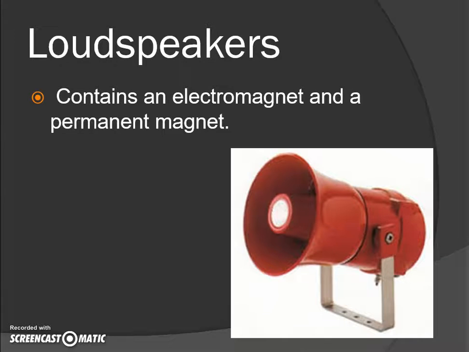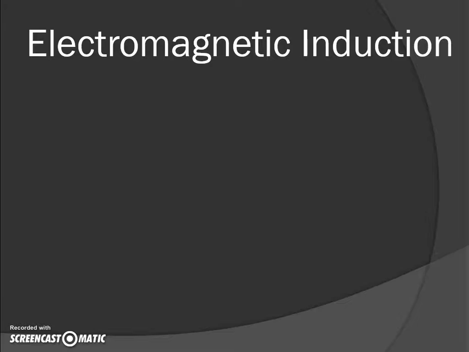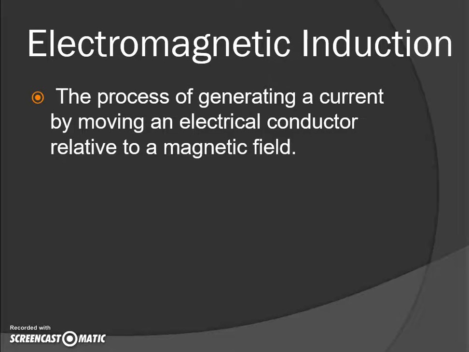So we're going to go ahead and continue with the last section, Section 3. This is talking about electrical energy generation and how it's transmitted. Electromagnetic induction is a process of generating current by moving a conductor relative to a magnetic field.